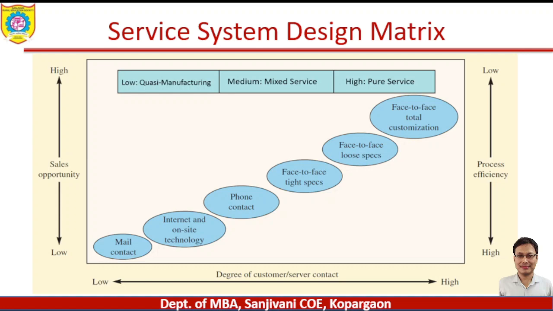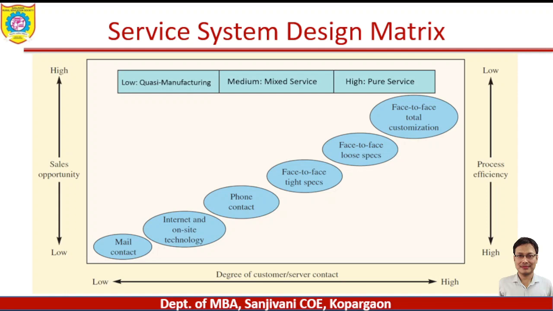Then we have higher face-to-face contact with tight specifications, meaning very few specifications but face-to-face contact, like a fast food restaurant, and it keeps on increasing the customer contact and the degree of complexity and divergence. Finally, we end up with face-to-face total customization of your services, like providing consultancy service, whereby the process efficiency might be very low.